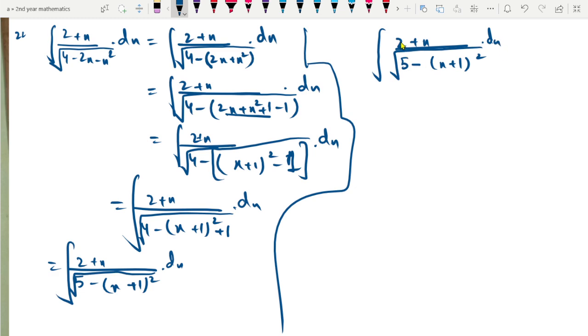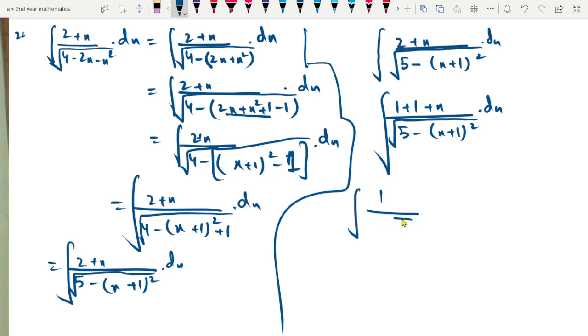I can write 2 plus x as 1 plus (1 plus x). So I can write it as the integral of 1 divided by under root of (5 minus (x plus 1) whole square) dx plus the integral of (1 plus x) divided by root of (5 minus (x plus 1) whole square) dx.